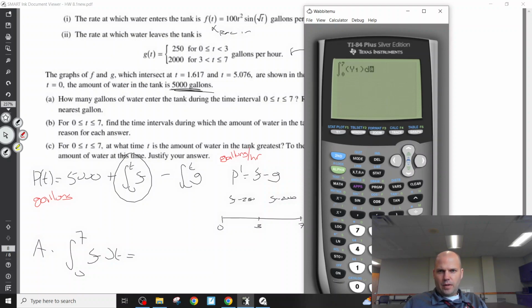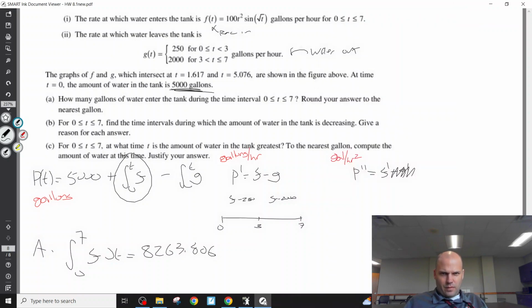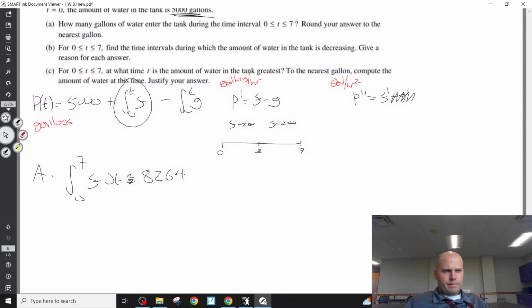How many of you have done that? 8,263.806 gallons, round to the nearest gallon. So 8,264 is the approximate amount.